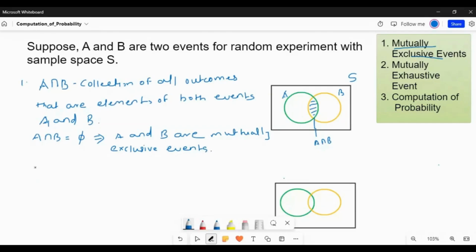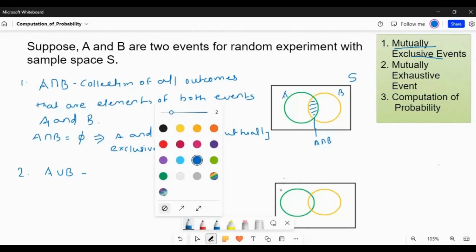Now we will see what is A union B. A union B is nothing but the occurrence of either A. So here I will write down the names of the events.